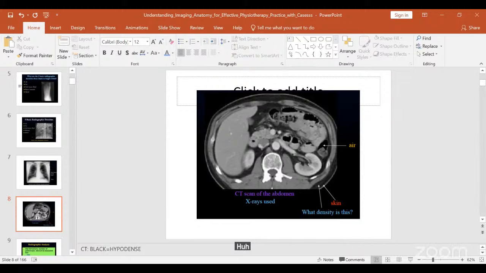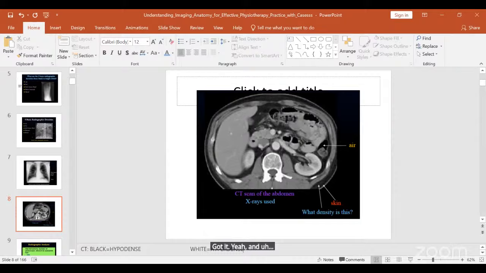White structures are called hyperdense structures. It's density now. Are we together? So a bone on X-ray is called radio-opaque. In CT, it's called what? Hyperdense. Lungs appear radiolucent on X-ray. Lungs on CT appear hypodense.